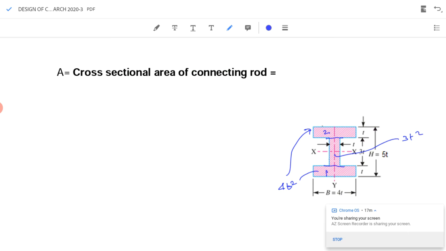So, total area will be equal to 2 into 40T for section 1 and 2, the flanges, plus the area of the web, this section is called the web, plus 3T square, equal to 11T square. So, we have already found the area also.